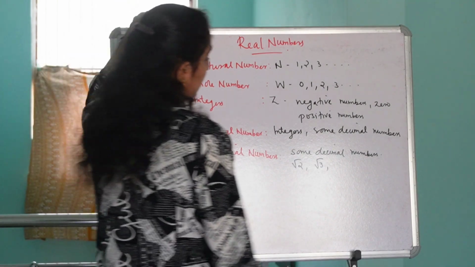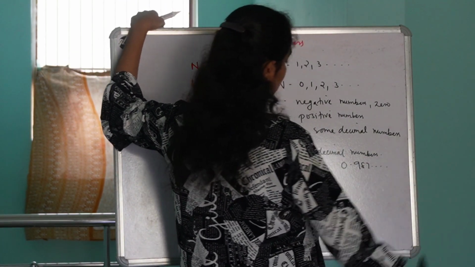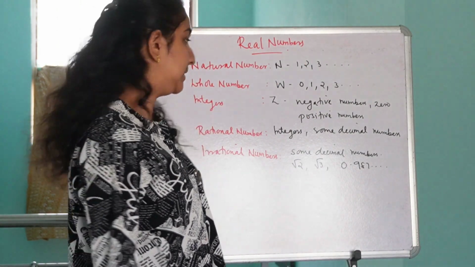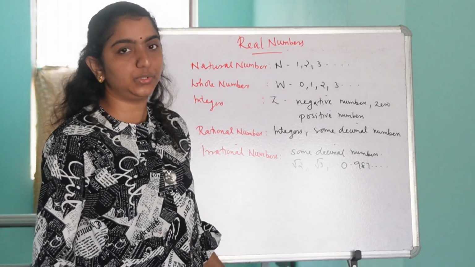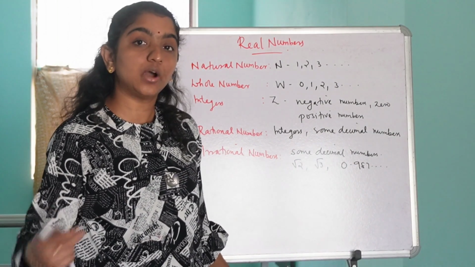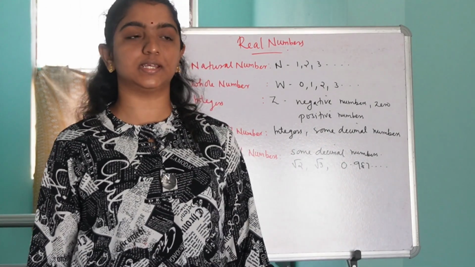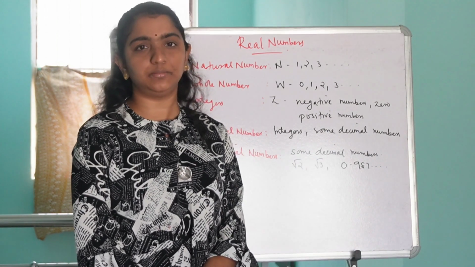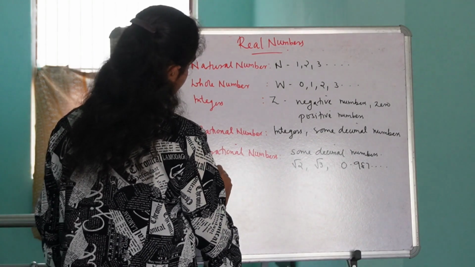Root 3 is an irrational number. 0.987... is an irrational number, etc. Is it clear, guys? In the chapter number systems, you didn't learn how to prove that these numbers are irrational, isn't it? In the chapter real numbers, we'll learn about it. We'll discuss them in detail later.